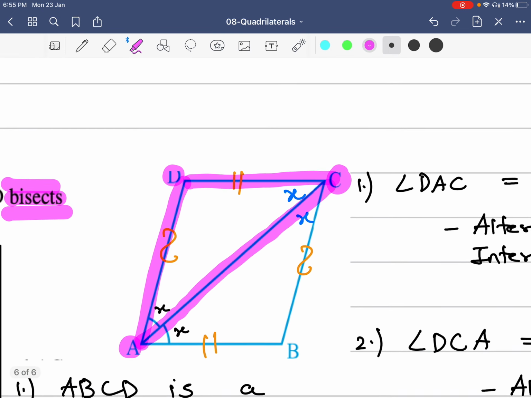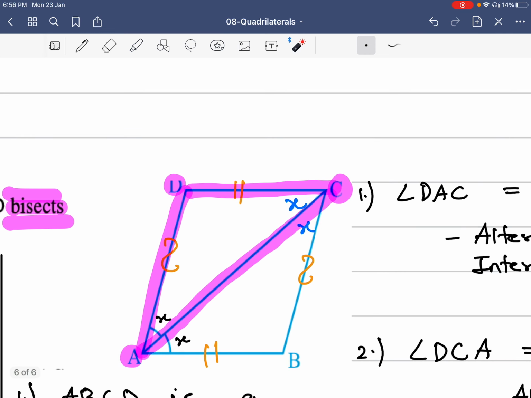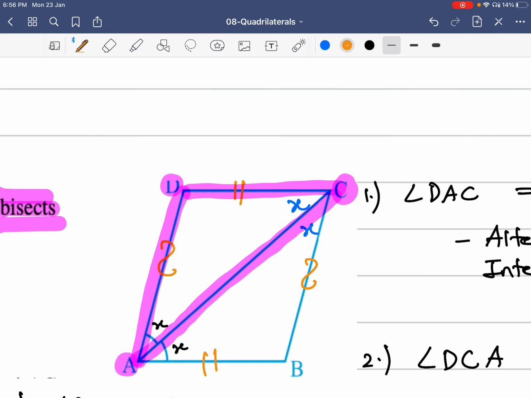Now in this triangle, if you note, this angle is equal to this angle. In triangle ADC, angle A is equal to angle C is equal to x. We have just proven that this is x.